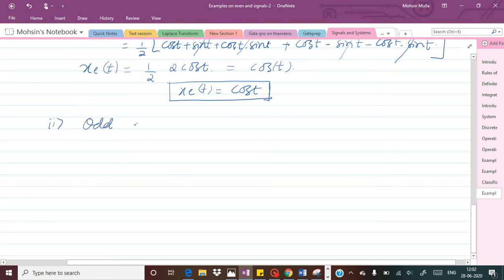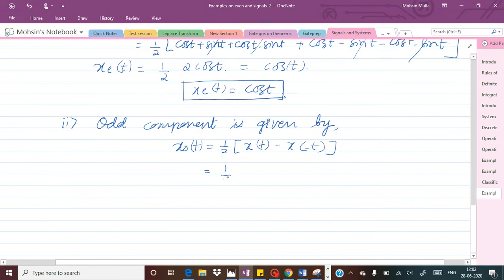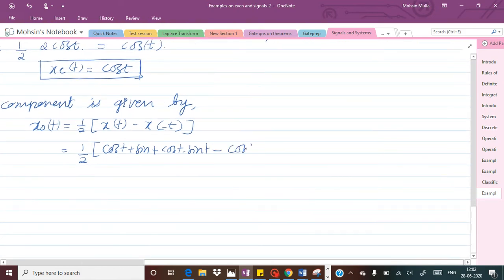Similarly, the odd component is given by x o of t equal to 1 by 2 times x of t minus x of minus t. Substituting the terms: cos t plus sin t plus cos t into sin t minus, here let us put a bracket as the minus sign is there, cos t minus sin t minus cos t into sin t.